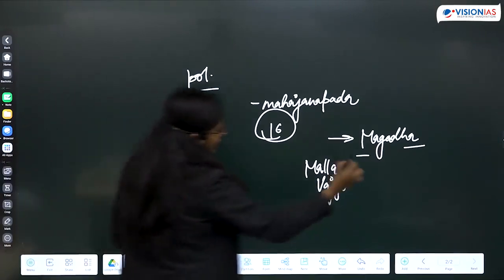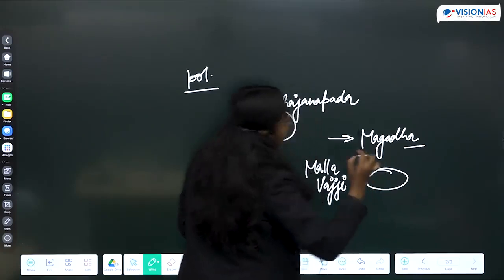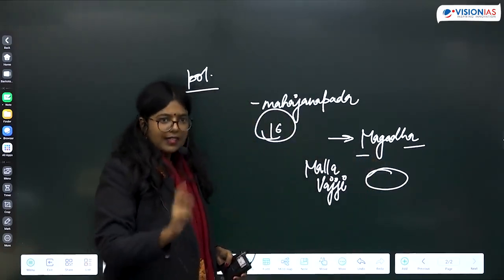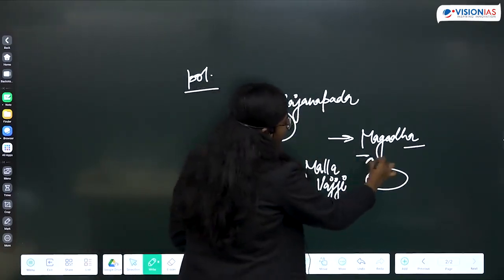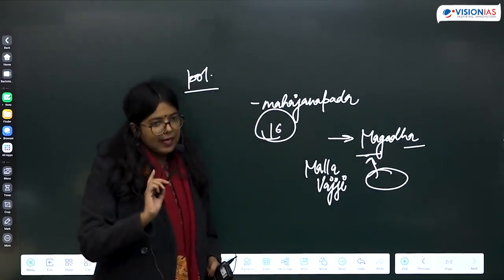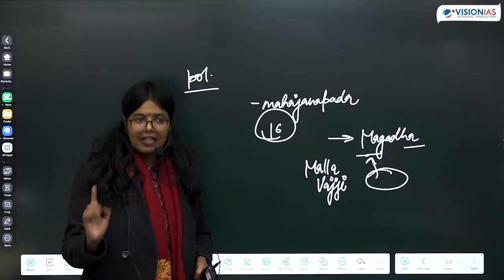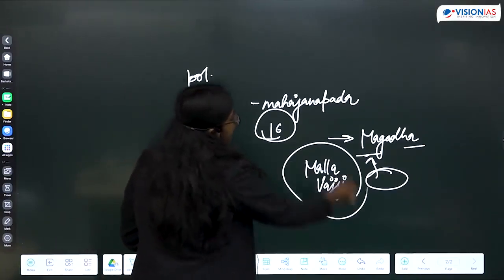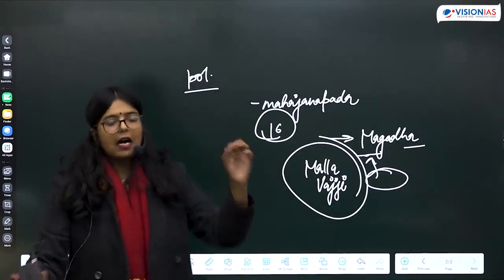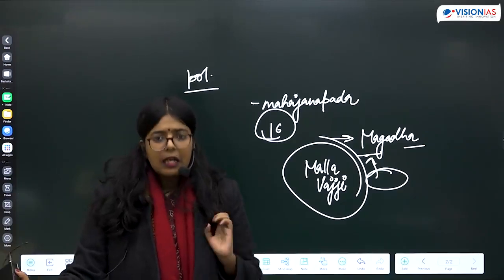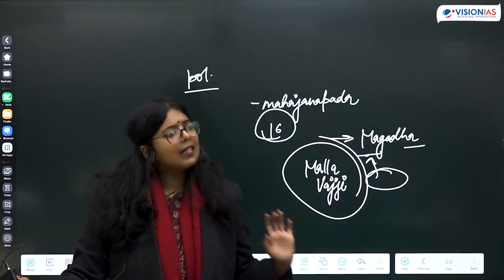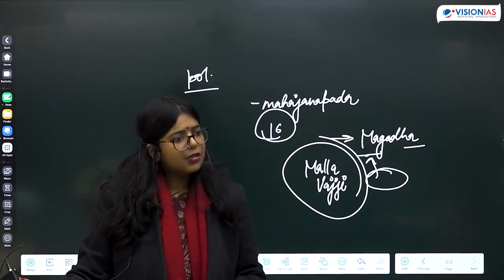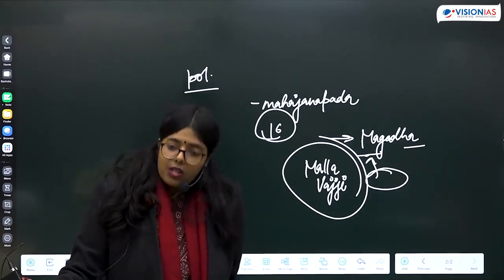Here what we see is that there is a group of people, and they are choosing the head of state. That is why republic, not democratic but republic. So these two are going to be republics, others are going to be monarchies. So this is one unique fact that you can remember. What else is unique?